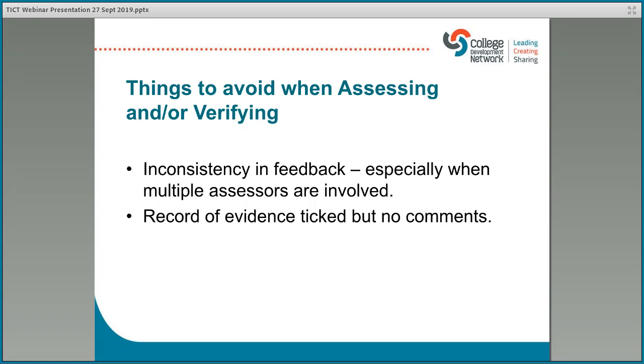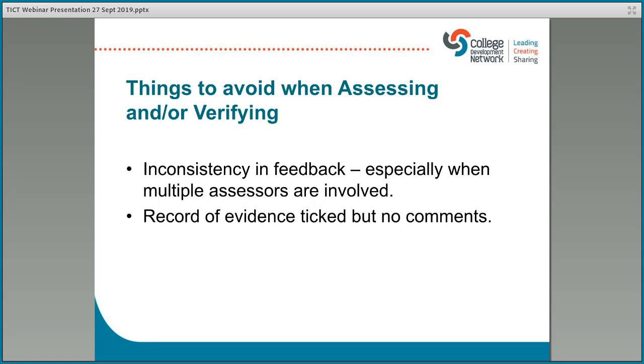In terms of the paperwork, one of the things that is good practice and we would strongly encourage you to do is that where you are highlighting that you have seen evidence that satisfies the requirements for a pass, you also provide some confirmatory information to back up those assessment decisions.